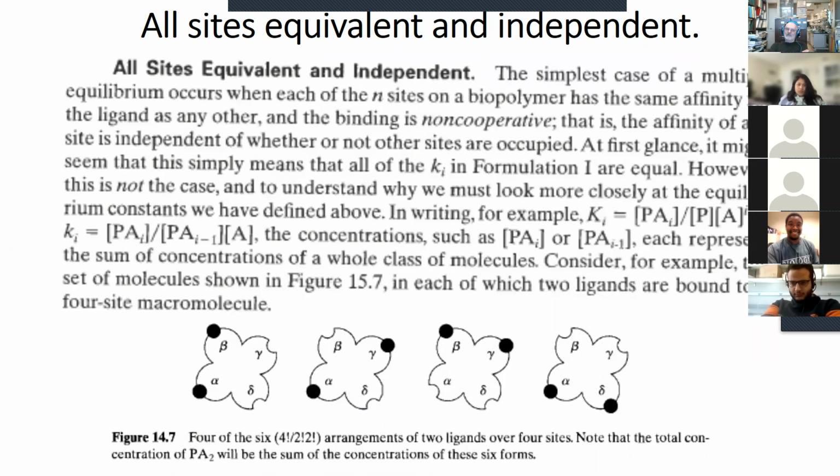In other words, the ligand and the sites have equivalent molecular structures, and they're independent, meaning that there's no cooperativity, which we haven't even begun to define yet, between the sites. The binding of one site does not affect the binding of another site. So the other way we describe this is that the binding is non-cooperative.